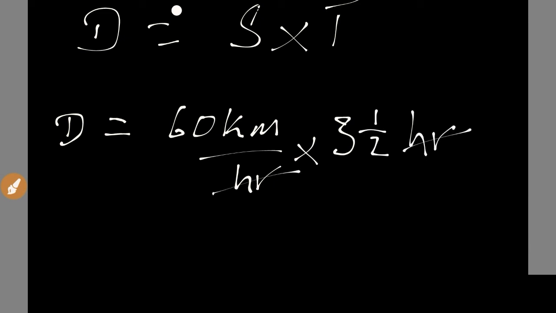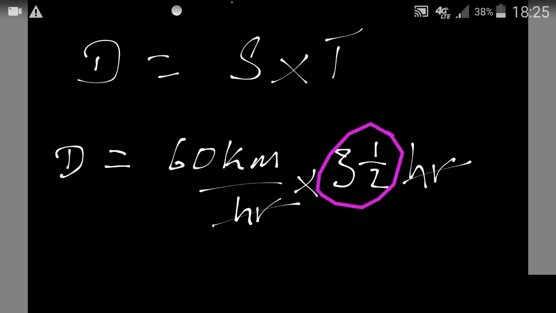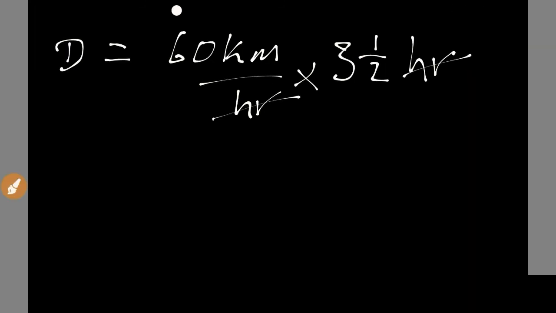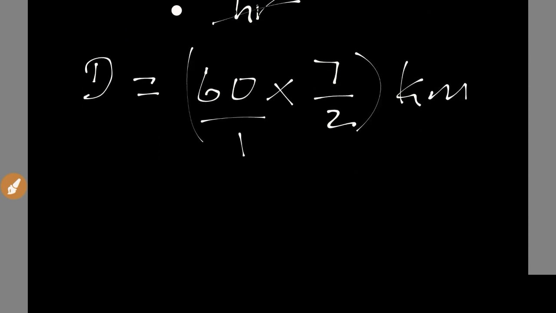So hour and hour will cancel. So what you need to do is to change this to improper fraction by multiplying 2 multiplied by 3 and add 1. So our d will now be equal to 60 multiplied by 7 all over 2 all over 1. So this one will be all in kilometers.